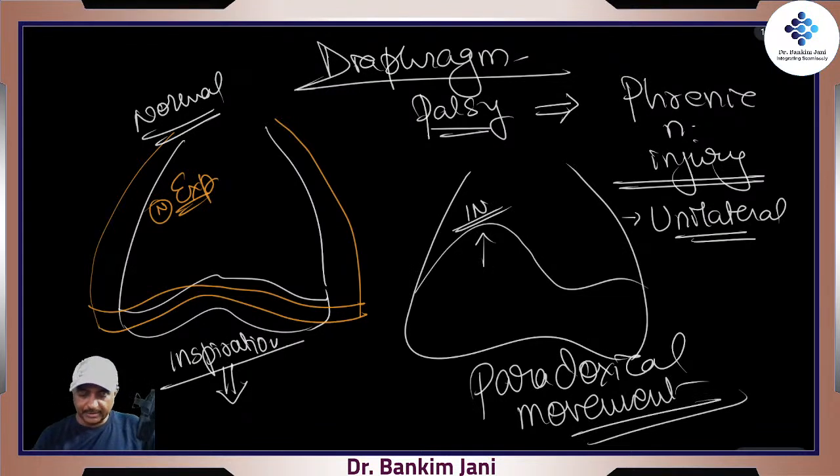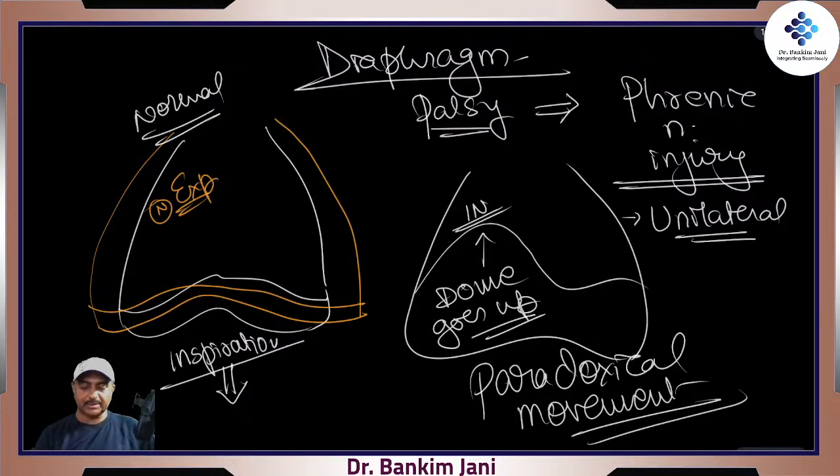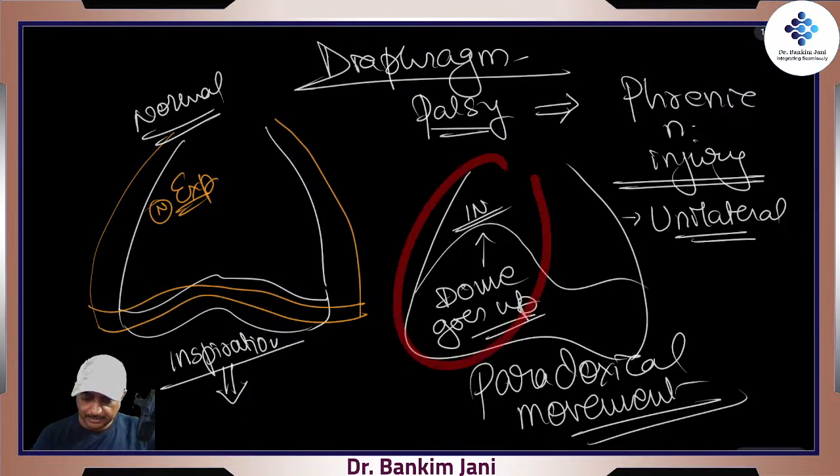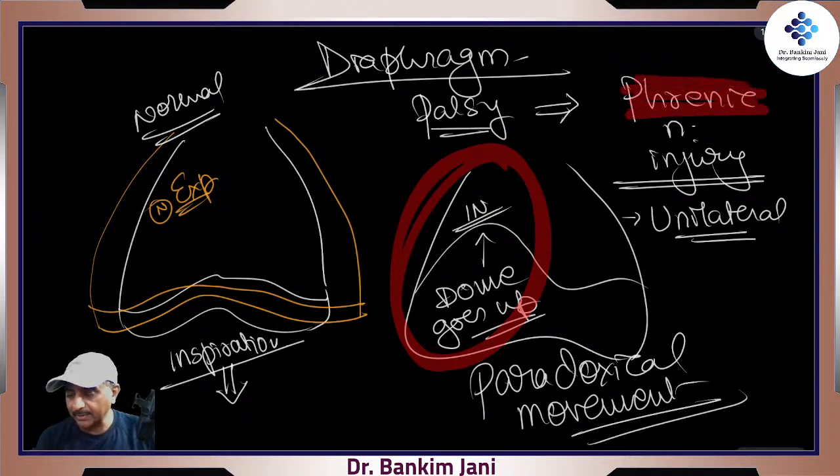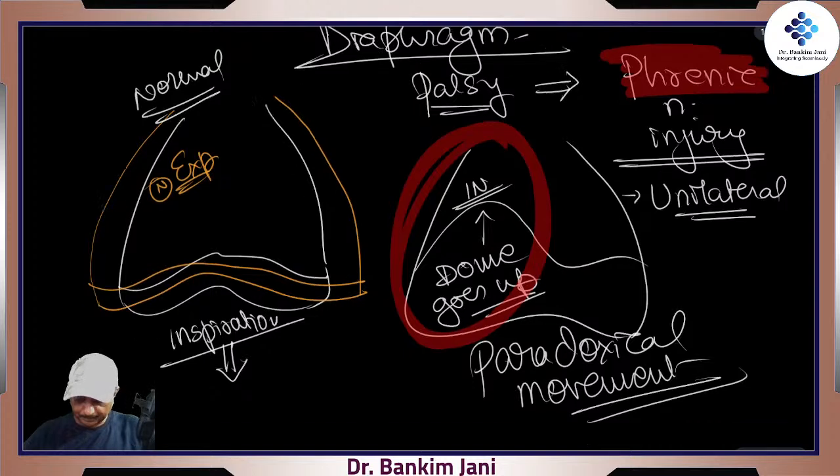During inspiration, the affected dome goes up, and this can be seen radiologically very easily. So that's the important point. Do remember this, and remember that the phrenic nerve is what is getting injured, and that's what really happens in diaphragmatic palsy.